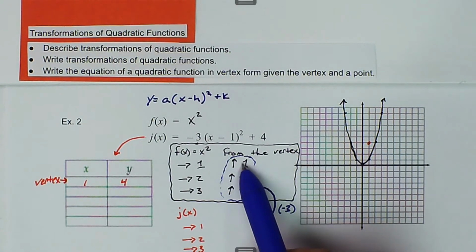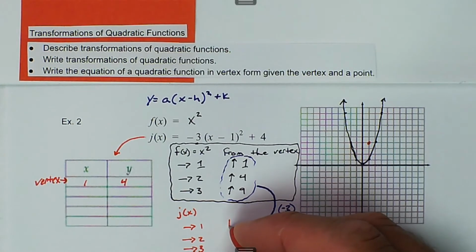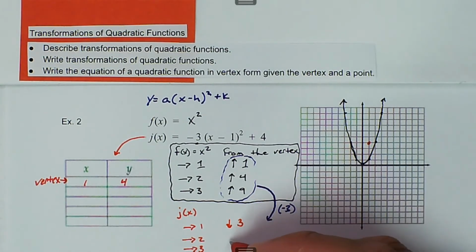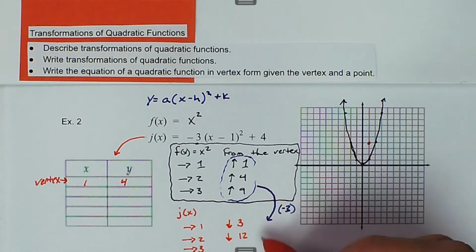So instead of going up 1, we're going to multiply by -3. So what that means is we're going to go down 3. And then instead of going up 4, we're going to go down 12. And then down 27.